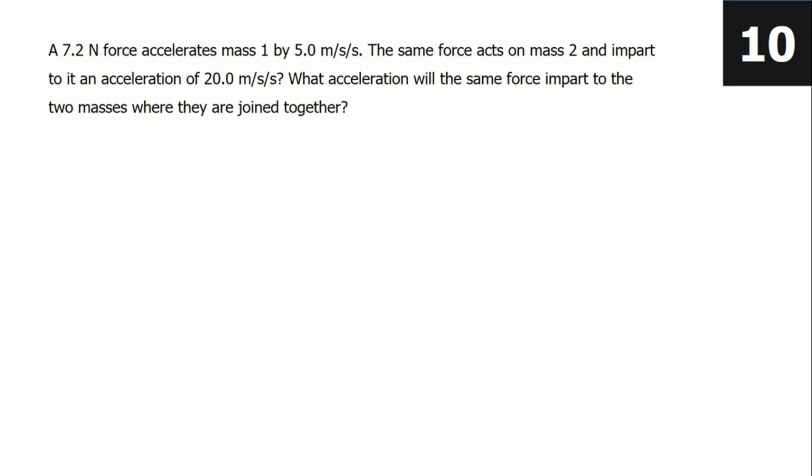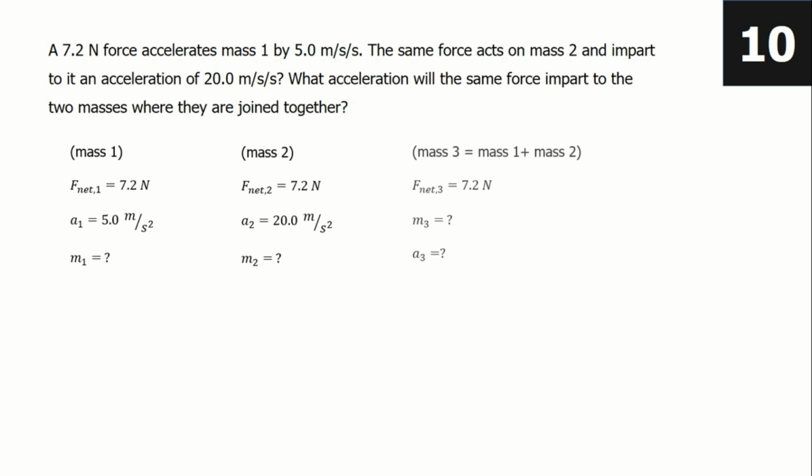So you will be adding mass 1 and mass 2 to get the total mass. And if the same 7.2 force is imparted on that combined mass, what will then be the acceleration of that combined mass? So again, taking note of the given, separating the given for each of the masses.